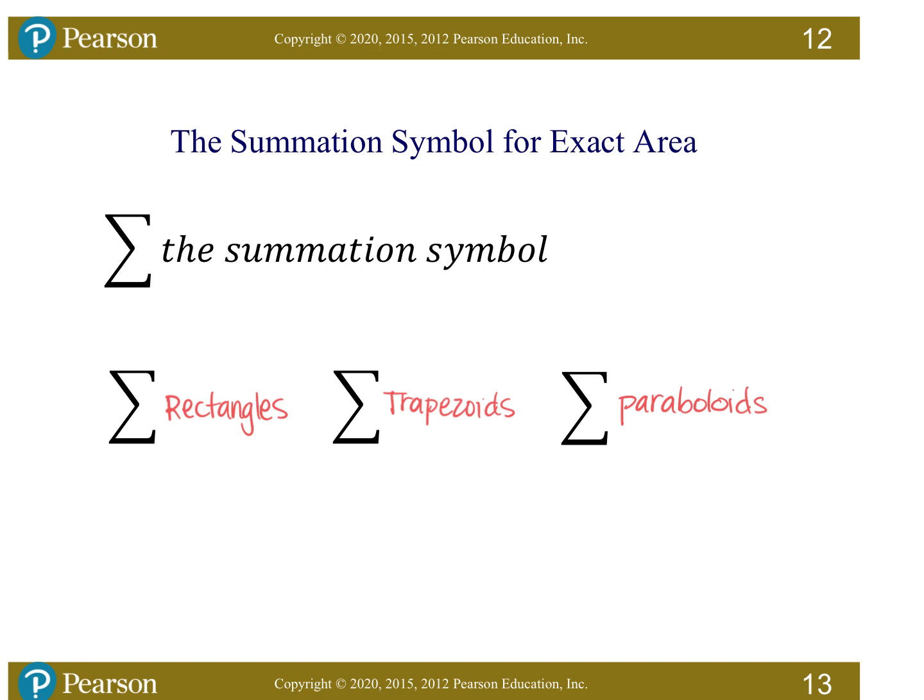Rectangles, trapezoids, paraboloids. This is called a summation, where we get our English word sum, from the Greek word summa. The Greek letter is called sigma.